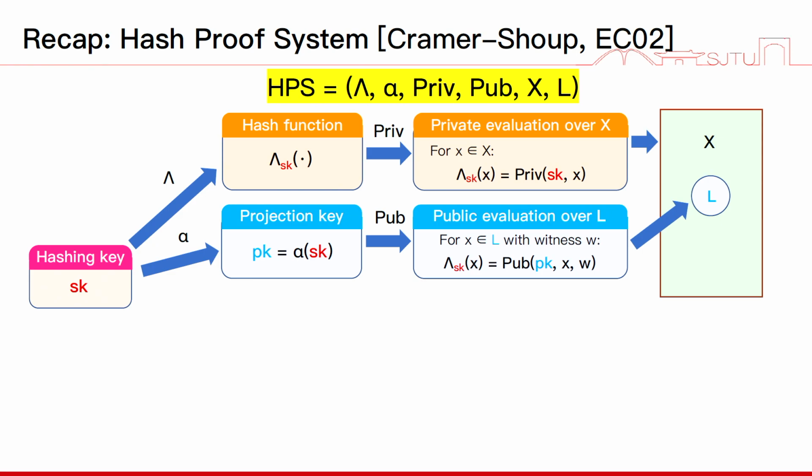For a hashing key SK, it defines a hash function Lambda_SK over a domain X, and for any x, we can compute the hash value privately through a private evaluation algorithm directly using SK. And SK is also associated with a projection key PK, which equals alpha(SK). And for x in a subset of X, namely the language L, we can use another equivalent public evaluation algorithm to compute its hash value.